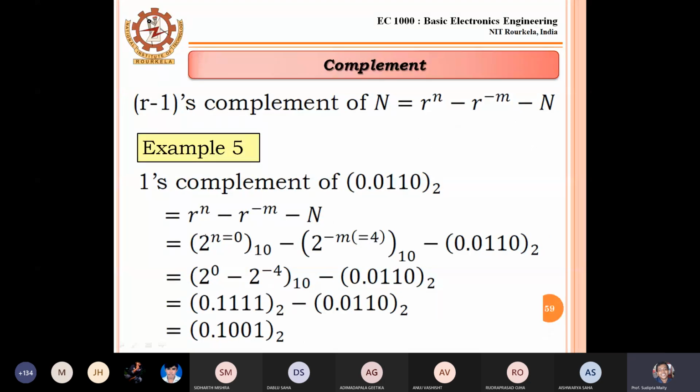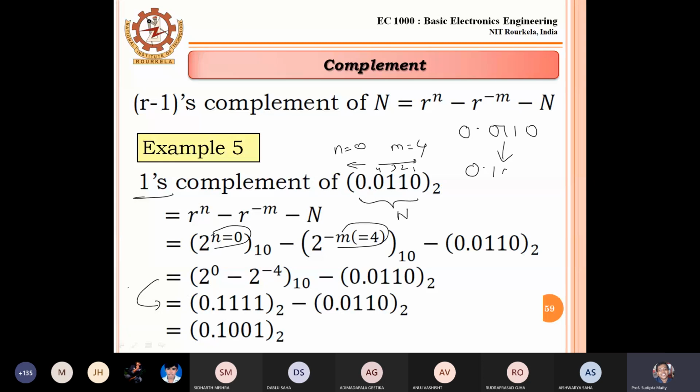Now here is another problem. 1's complement and n is given. I am not repeating the process. The process is the same, na? Find small n equal to 0 and small m equal to 1 2 3 4. So m is 4, small n is this one, and capital N is given. Then you perform those calculations like earlier. You have to convert decimal to binary here. The question was given this one, and our result, as per our mathematics, we got this one. Now you check, all 0 or 1 is converted to 1 and 0 respectively.